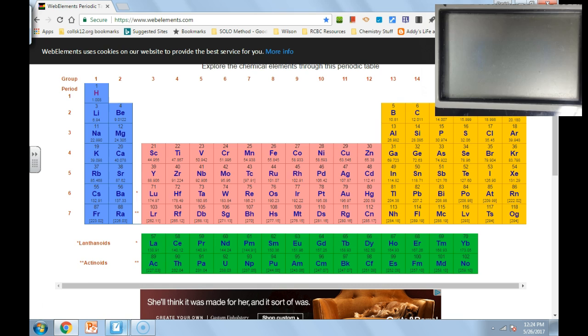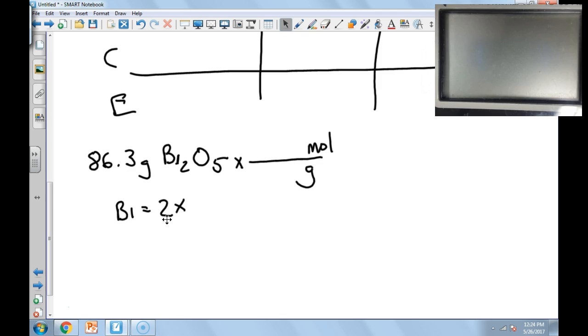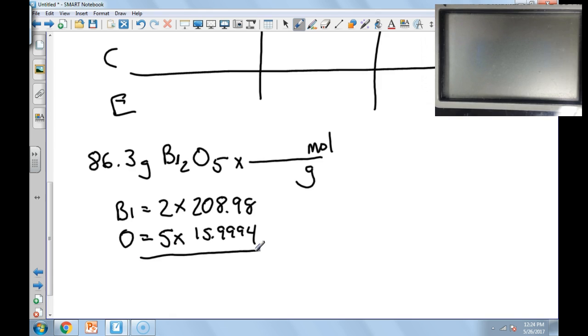So for bismuth, it's 2 times, I need to look up what it is. Bismuth here is 208.98. So that's 2 times 208.98. And then oxygen, there's 5 oxygens, and oxygen weighs 15.9994. Now we add that up.